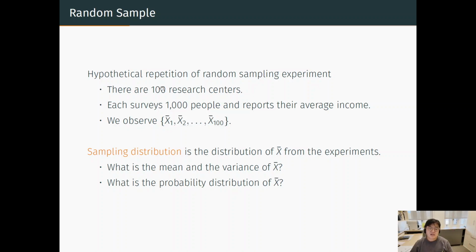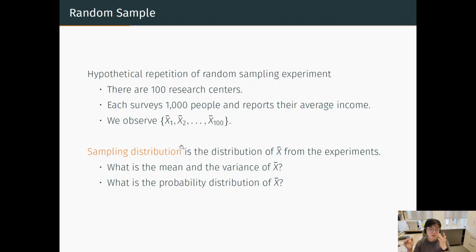Exactly this is what I said. If there are 100 research centers, that means the experiment was repeated 100 times. So then the observations are not each single income, but the average income from a survey. And that is the sampling distribution.